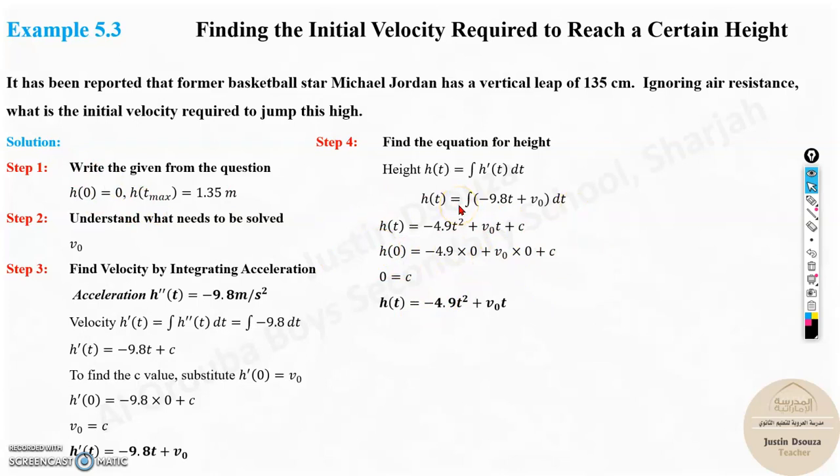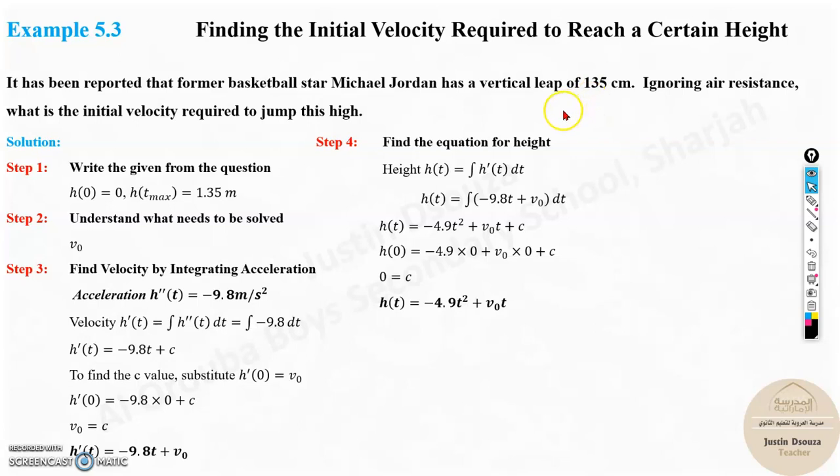Okay, but this is not the height we want. It is h of t. It is not exactly what we want. We want the initial velocity for this particular height. Now this doesn't make sense. This is not the initial velocity we want. We want it at t max, at this particular 135 centimeters.